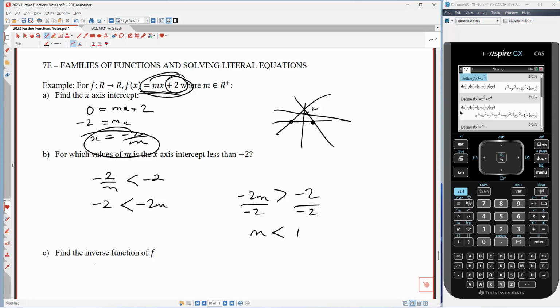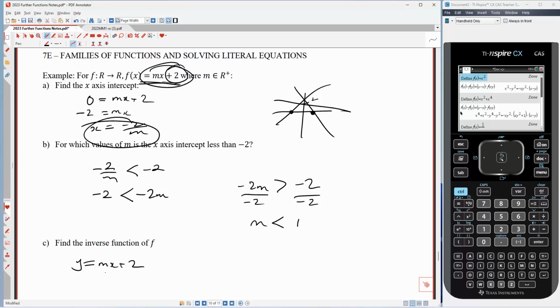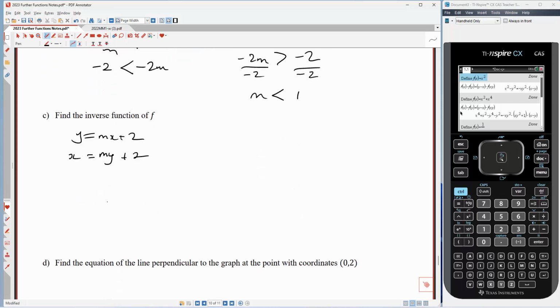Okay, find the inverse. Let's note that the function is y equals mx plus 2. The range and domain will be all reals because it's linear. x equals my plus 2. Now we just have to solve this for y.